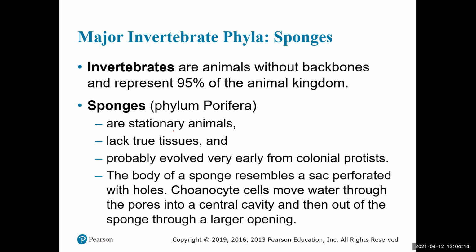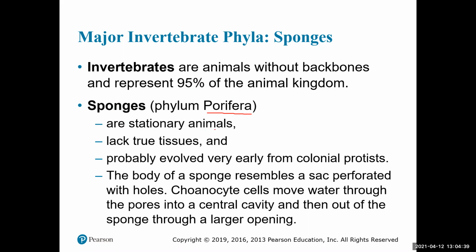Sponges are the most basal phylum of animals, and their phylum name is Porifera. Okay, so you'll want to remember these phylum names. And Porifera, basically pores, sponges have lots of pores, is the sponge phylum. So this is where all of your sponges are located on the evolutionary tree.